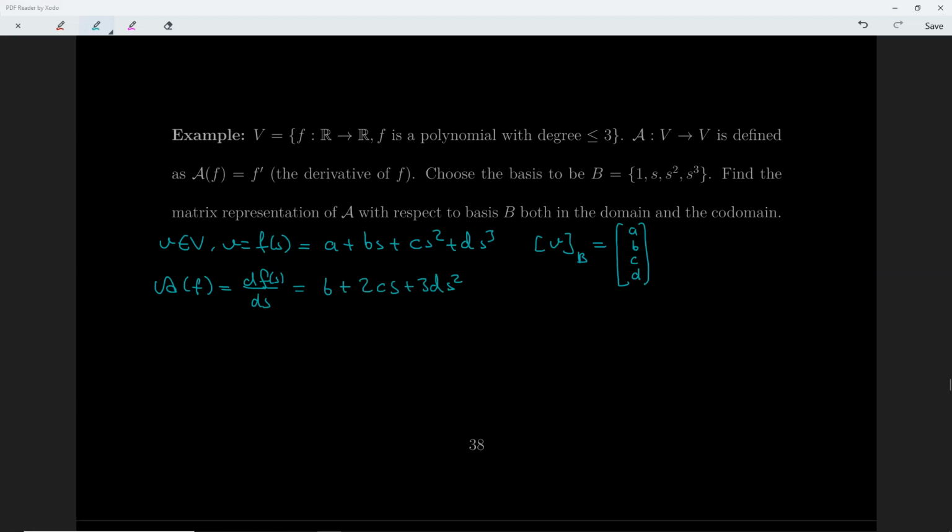So then what is the representation of Av with respect to basis B? I can write down 0 times s cube as well. And I write down these coefficients in a 4x1 vector, right? So it will be b, 2c, 3d, and 0.